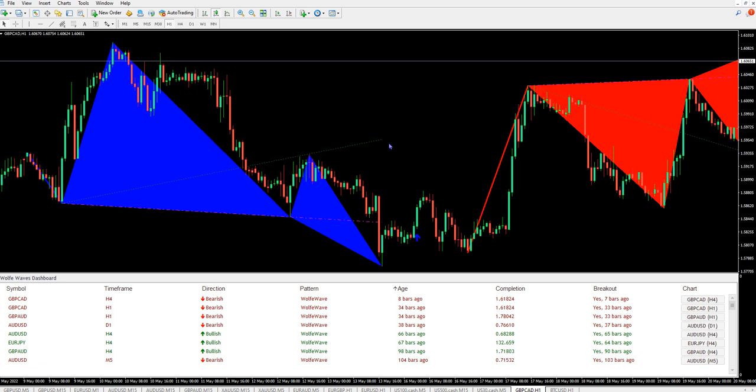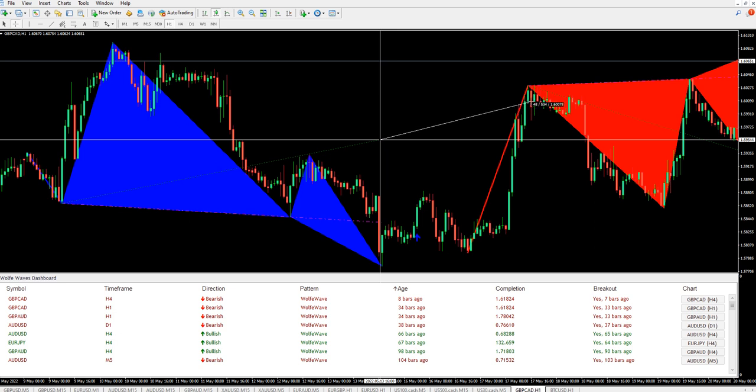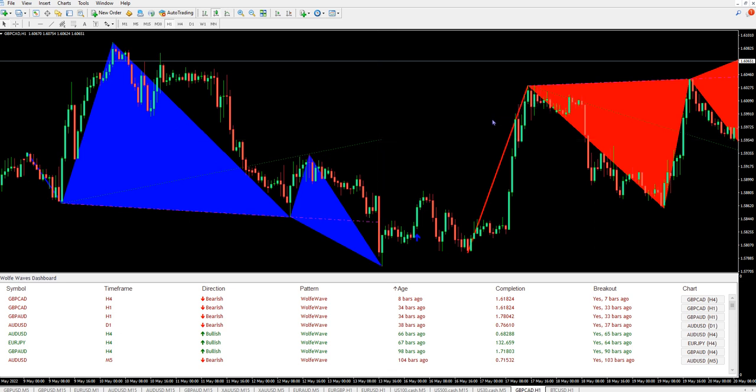Then the fifth wave is supposed to come over to this trend line, which we can see price does, right? So that's what part of this trend line is for, as it starts at the bottom here and then touches the top of the beginning of the third wave, and obviously it draws it out for you.